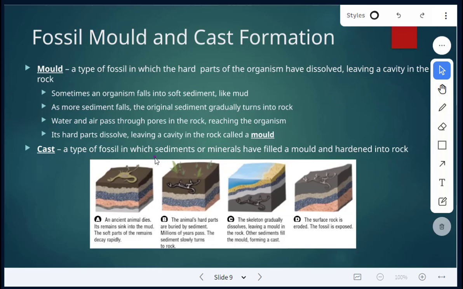Millions of years pass, and the sediment will slowly turn to rock. Next, in figure C, the skeleton gradually dissolves, and it leaves a mold in the rock. And then other sediments can fill the mold, and that forms a cast. Next here, the surface rock is eroded, and the fossil is exposed.